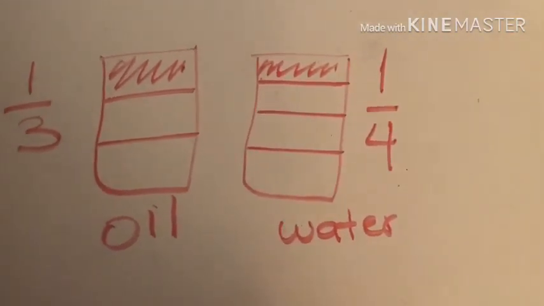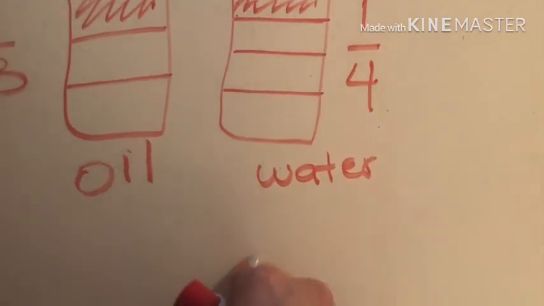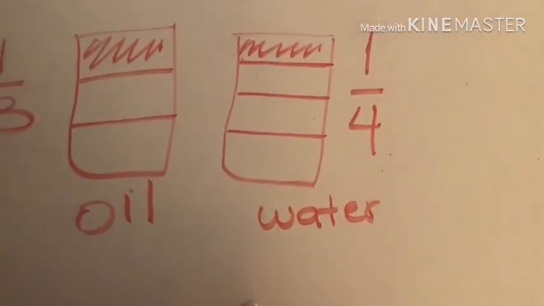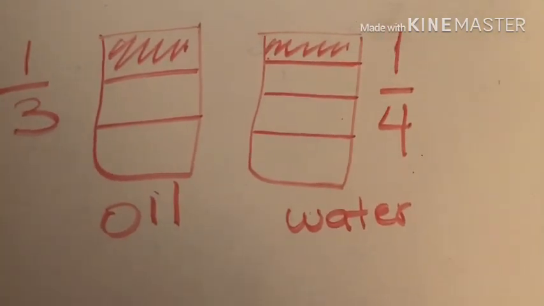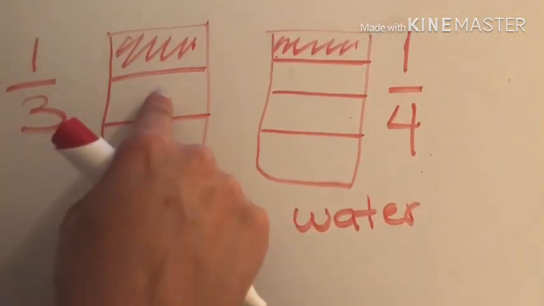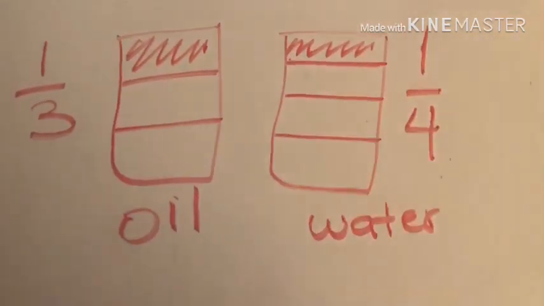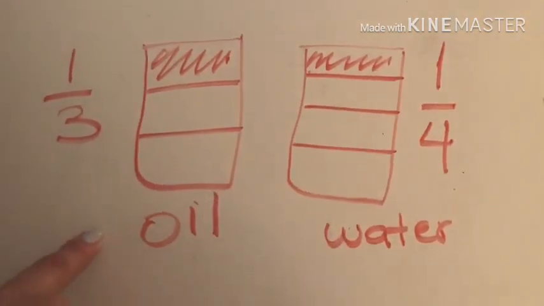And the question that they're asking in the problem is, will Lily use more oil or more water? What do you think? Which piece is bigger? This 1/3 or this 1/4? Which one do you think is bigger? Yay, the oil is bigger.